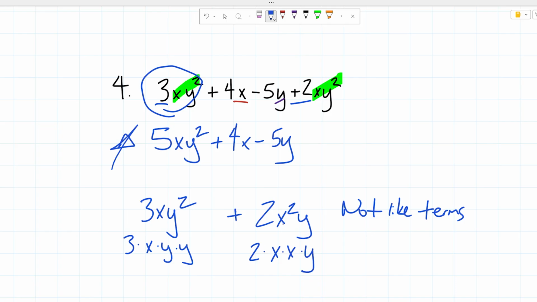So even though we have the same variables and exponent, the location of the exponent in the term matters. So make sure you keep an eye out for that. Make sure you don't get tripped up on that. You'll likely see something like this where they've kind of moved the exponent around. So just remember that where this exponent is at matters. If we look down here, we can see that these are not the same. So again, these are not like terms. So keep that in mind.